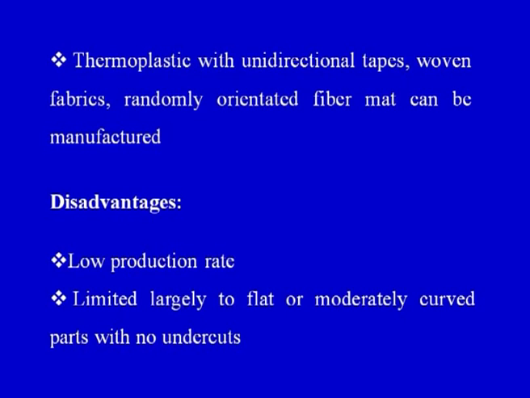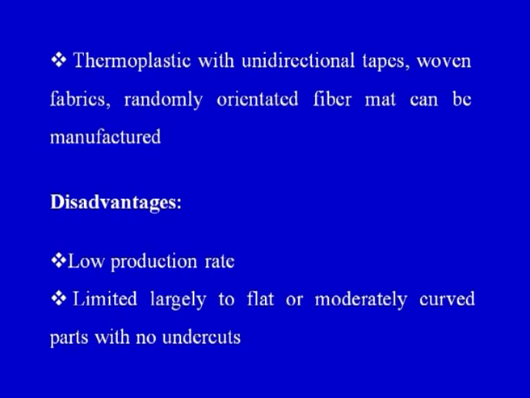The disadvantages are that the production rates are not very high, because we have to allow certain cooling time for the proper formation of the products, and discrete products are made one after the other.